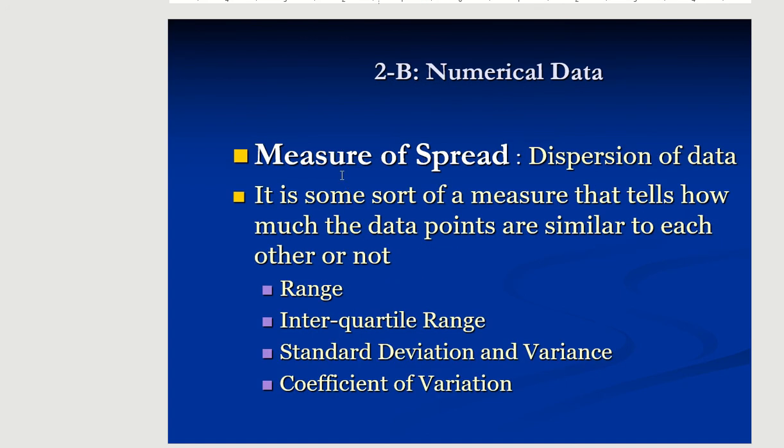Then comes the other part that we need to do when dealing with numerical data, the measure of spread. As I mentioned earlier, this is a measurement of how much variability there is in the data, how much the values in a sample or in a population are different. I told you that if in a class, let's say an exam, everybody got 75, then there's no spread.